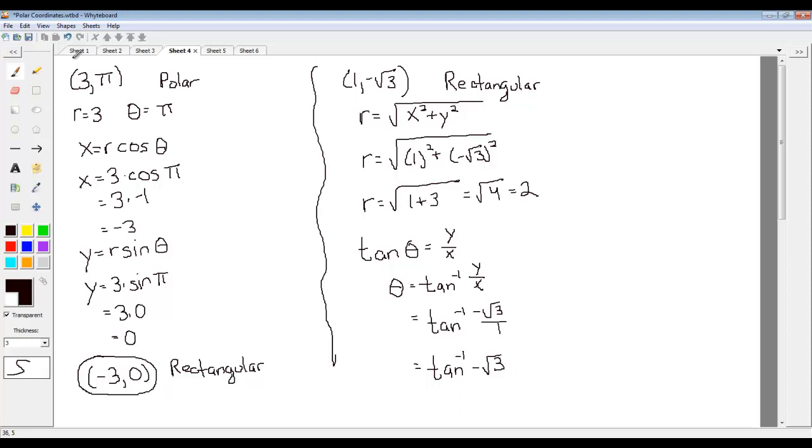If you think about this, our original point, 1 comma negative square root of 3, is going to be over here somewhere in quadrant 4, right? So if you look in quadrant 4, the inverse tangent of negative square root of 3 is going to give you 5 pi over 3.